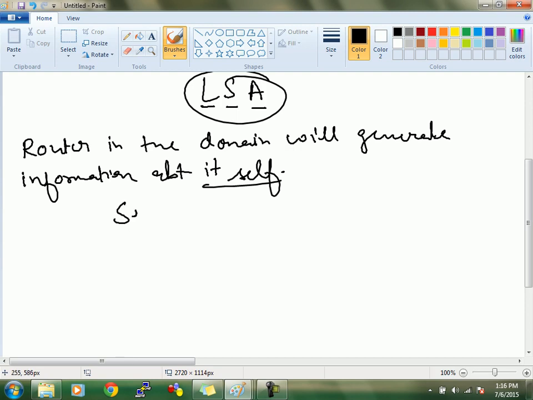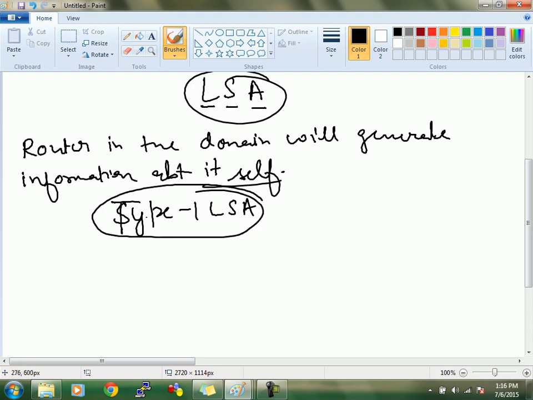So that self-generated information, जो router अपने लिए information generate करेगा उसको क्या बोलेंगे? What do we call it?